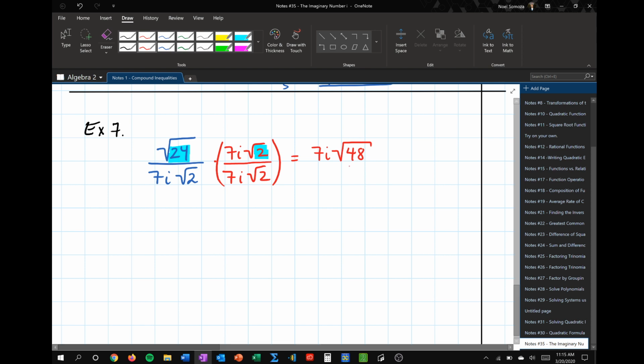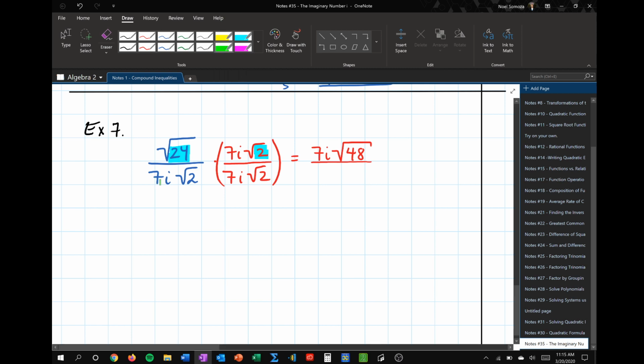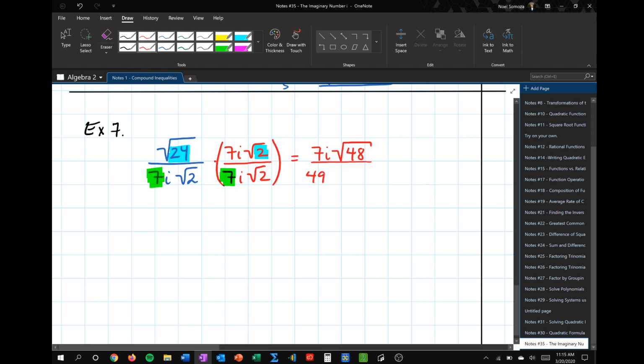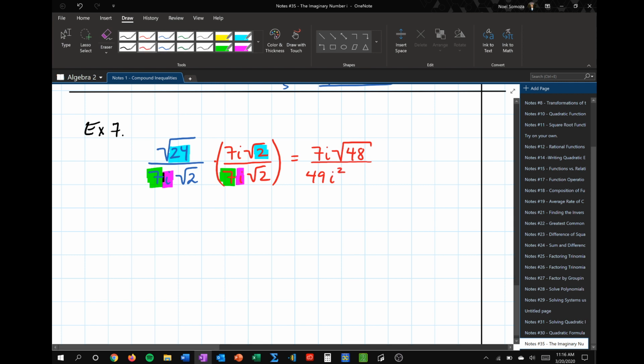Okay, so now the denominator, same process, but now you have a couple more things to consider. Whole numbers, like 7, multiply with whole numbers. So 7 times 7, you're going to get 49. You have i, so you can multiply with i. So i times i, there's your i squared.